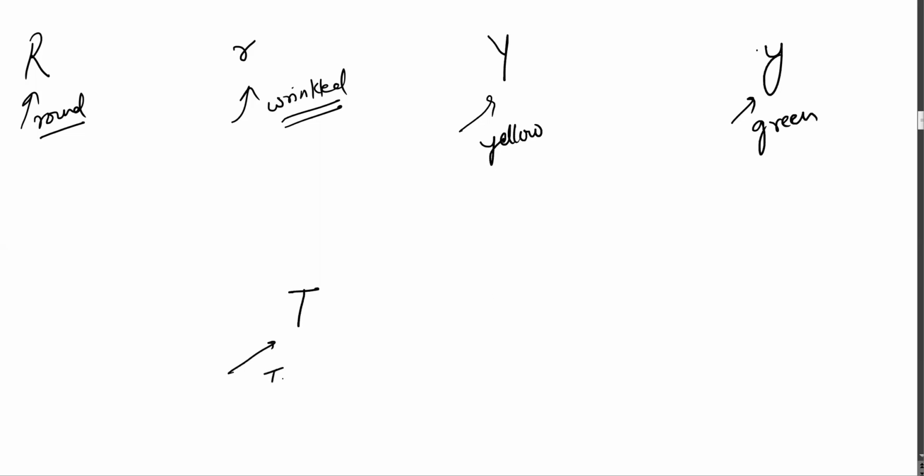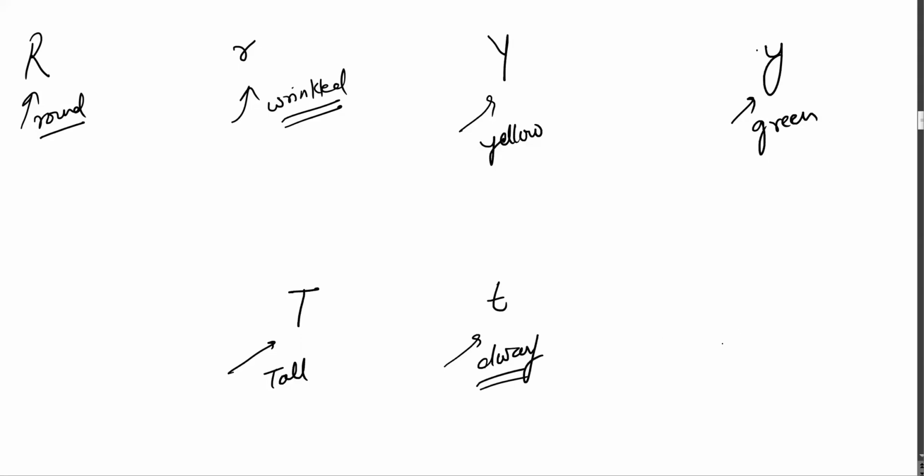Now you need to keep in mind that yellow color is dominant over green. So we take capital Y for yellow and small y for green. Like when tall was dominant over dwarfness, capital T represented tall and small t represented dwarf.